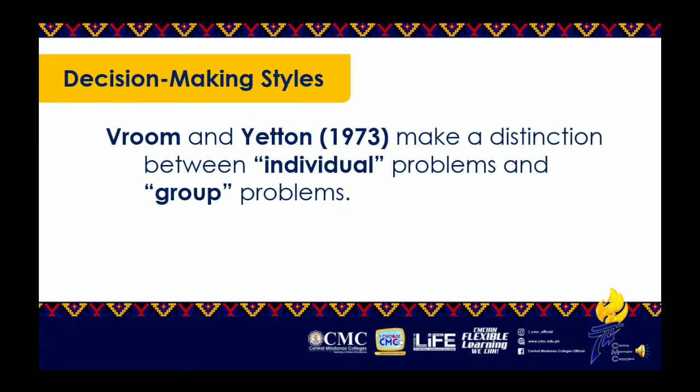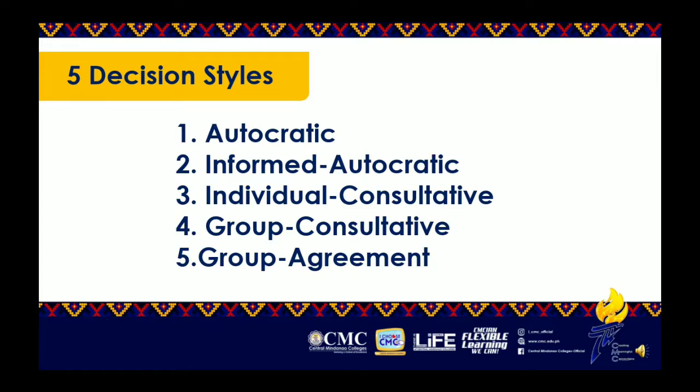So, these are the decision making styles that I mentioned a while ago. Vroom and Yetton made 5 decision styles. First, the autocratic. When we say autocratic, the leader chooses using information available to her at that time.